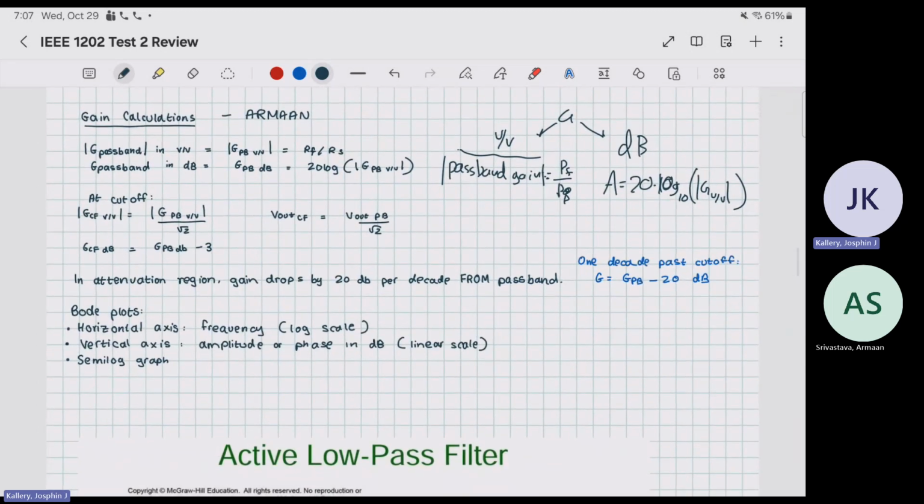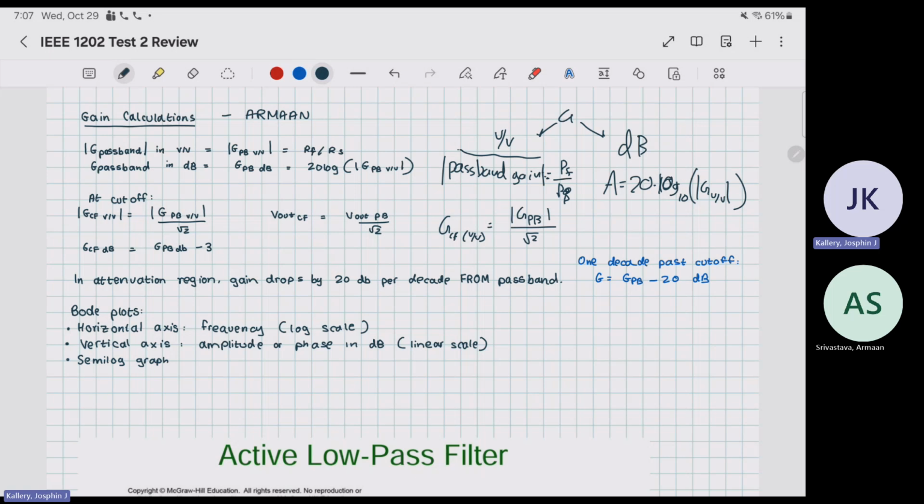And at cutoff frequency, if we have a specific input frequency which happens to be a cutoff frequency, the gain in volts over volts will be our gain in the passband divided by √2. That's when you're specifically at the cutoff.